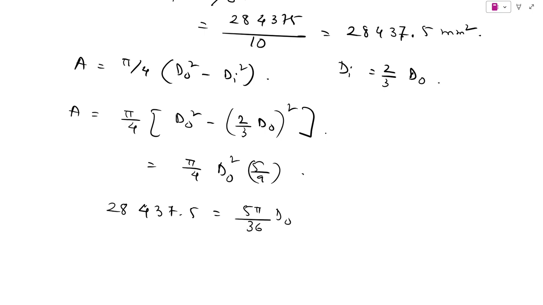Now calculate the outer diameter. Rearranging, we get d0 square equal to 28437.5 into 36 by 5 pi.